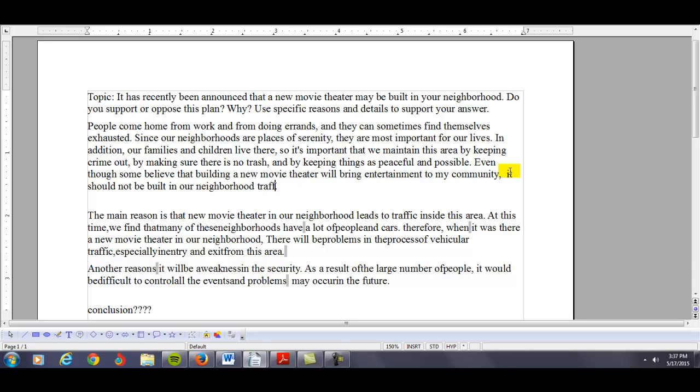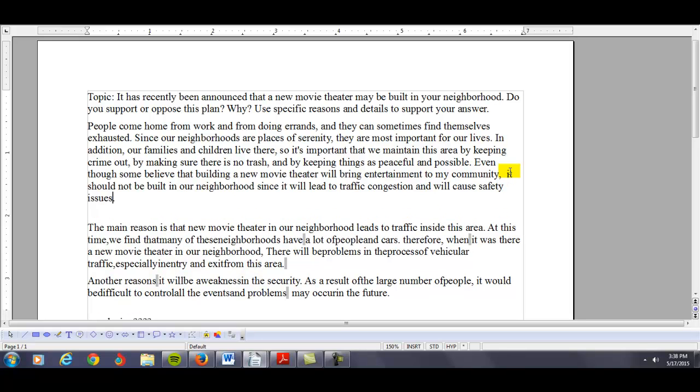Now we have to take your 2 key points. Traffic and safety. It will lead to traffic congestion and will cause safety issues.